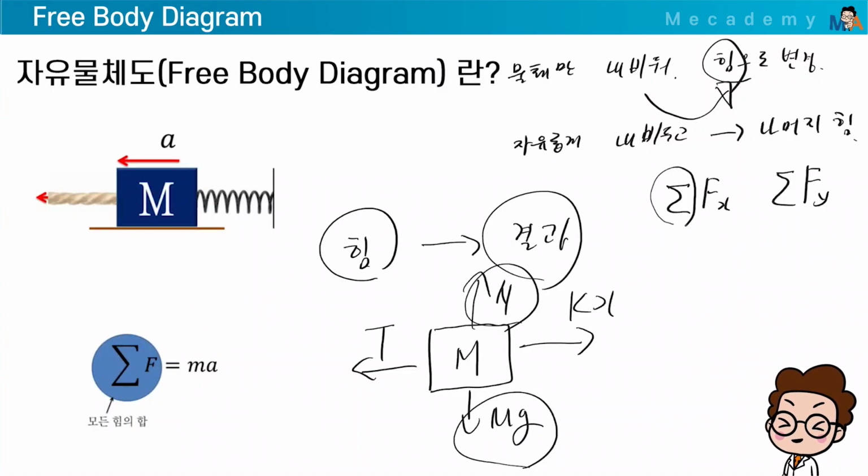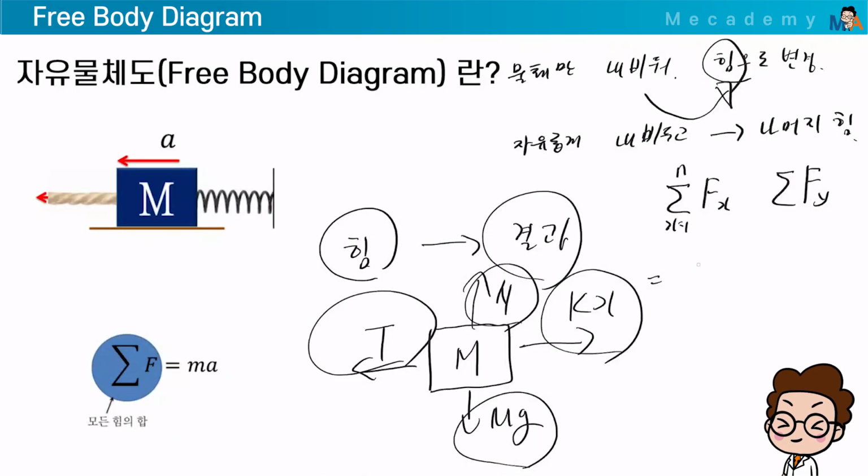Sigma Fx. What is sigma? Sigma represents the sum, so it means to add up from x1 to n. Then what forces act on the x-axis? There's only this one, right? So you can put it in as kx minus T or something like that, and what about here? There are only forces on this side and that side, right?